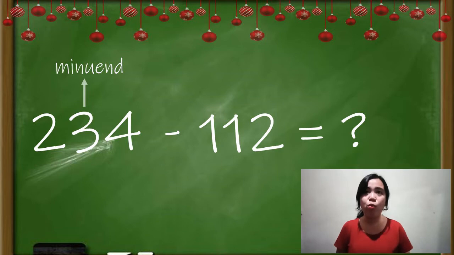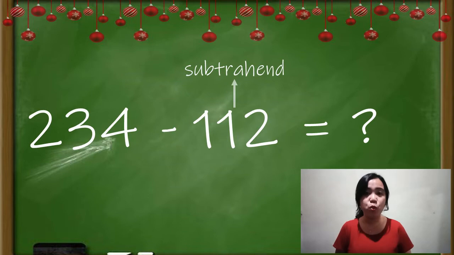So next, where is the subtrahend? Anyone? Good. 112 is what we call the subtrahend, or the number we are going to take away from the minuend. So now next, let's find where is the difference.